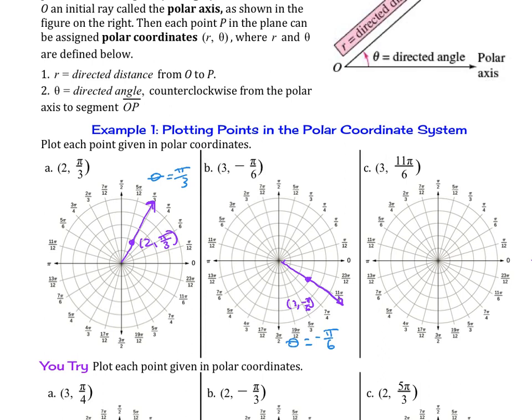Number 3, or letter C, that's 3, 11 pi over 6, so we know there's 3 rings out, and then we rotate all the way around, and we see that it is right here. Notice it's the same exact point. So 3 comma 11 pi over 6, and we know that that angle, theta, is 11 pi over 6.